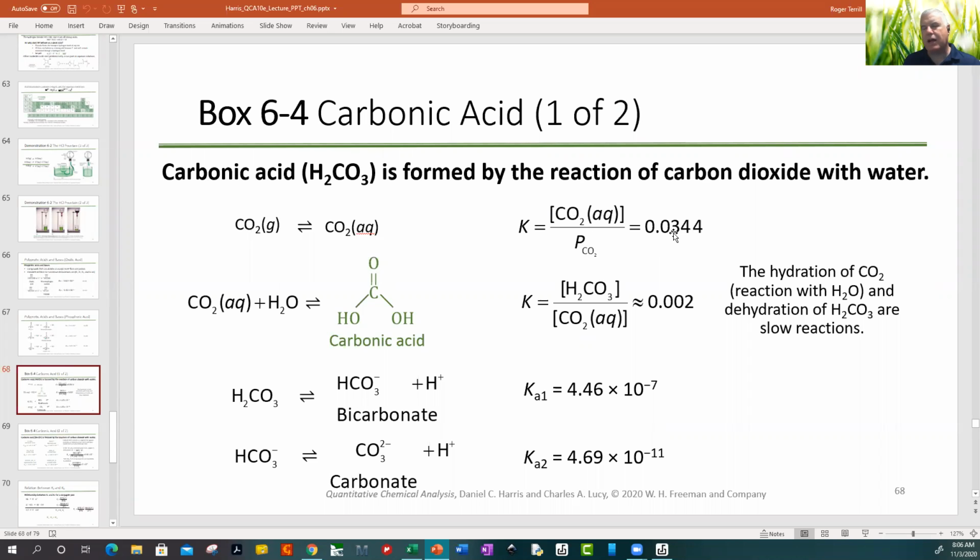Whatever that actually means, it's just a ratio. Then that aquated CO2 makes carbonic acid by reacting with water, and this pK is approximately 0.002.